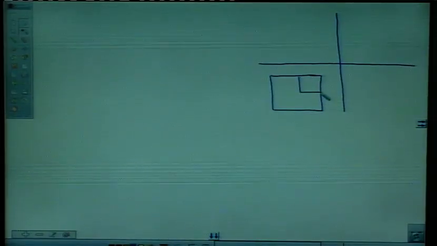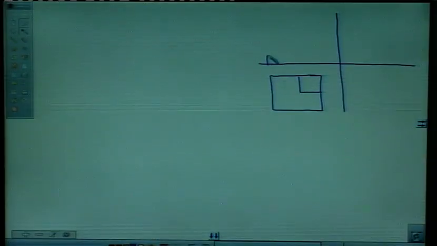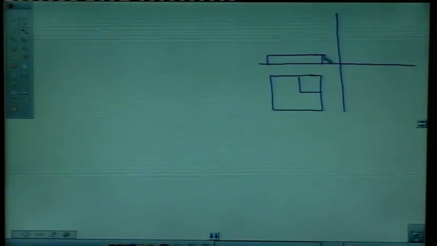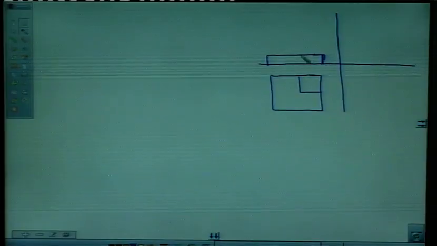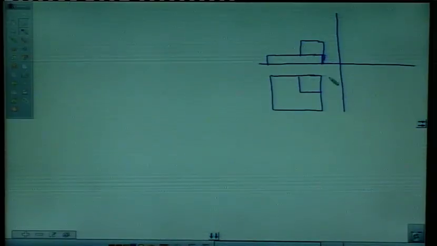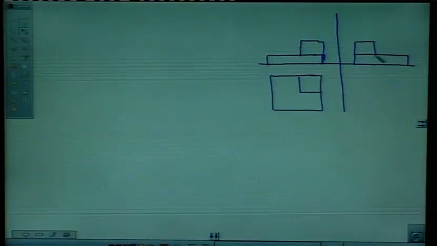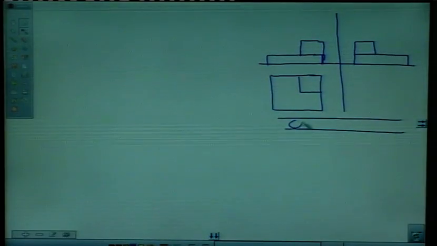And elevation of this plan is something like this. And side elevation is something like this. Right? So this is the given orthographic drawing.